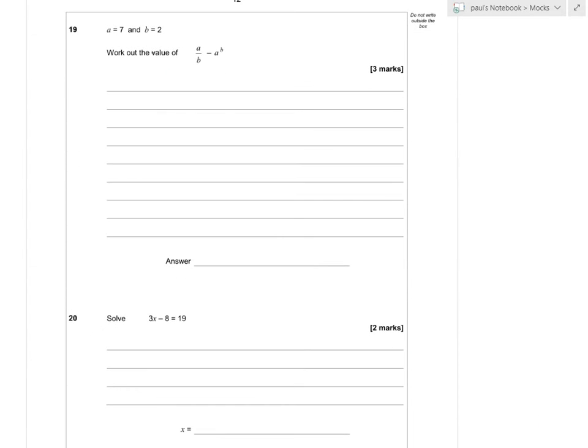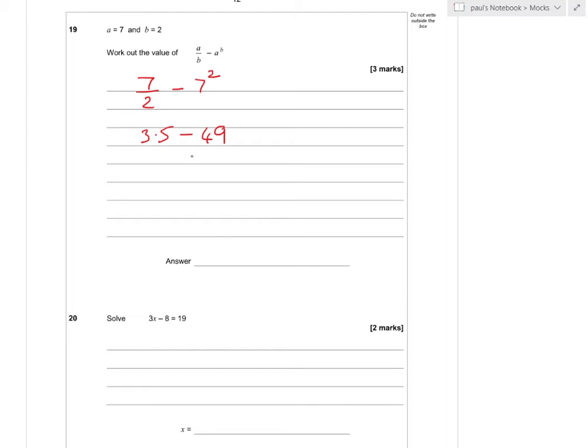Right. A is 7 and B is 2. Work out the value of A over B minus A to the power of 2. So 7 over 2 minus 7 to the power of 2. So that's 7 over 2 is 3.5 minus 49.